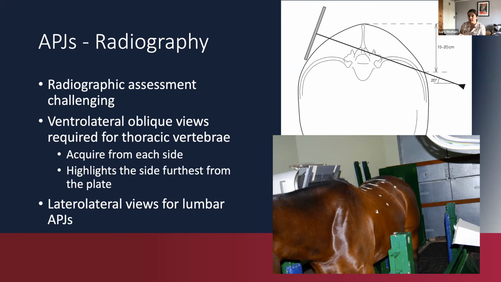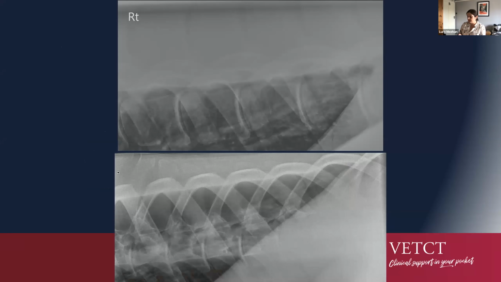So just to illustrate the point, we've got a lateral view here at the top. These are our spinous processes, vertebral bodies, and our articular process joints or facet joints are tucked in here nicely, directly under where the rib is.